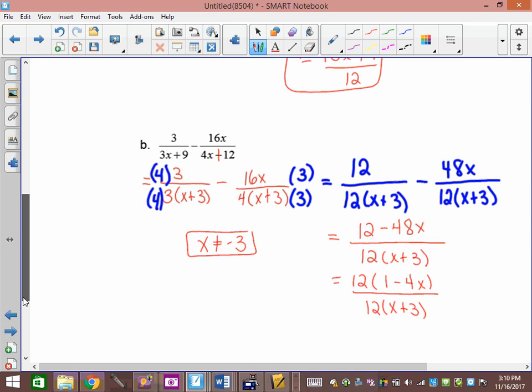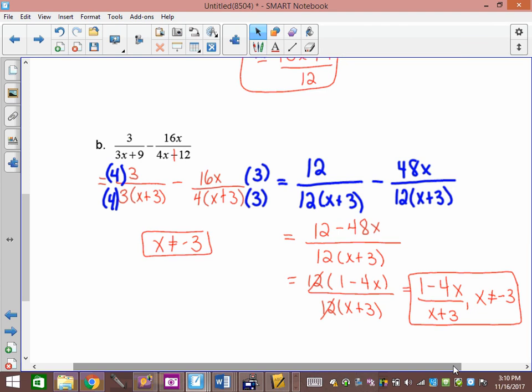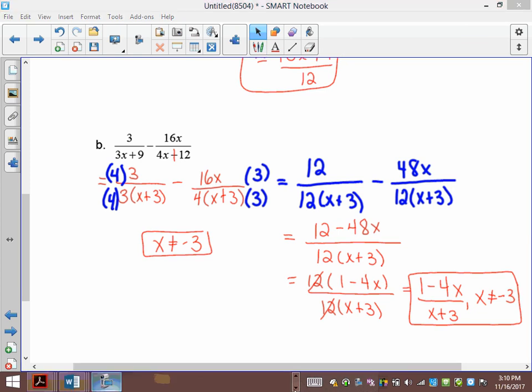I just took a 12 out. And then the 12s cancel. I just took out a GCF. I didn't get where you were talking about, but yeah, I just took a 12 out. What's 12 divided by 12?